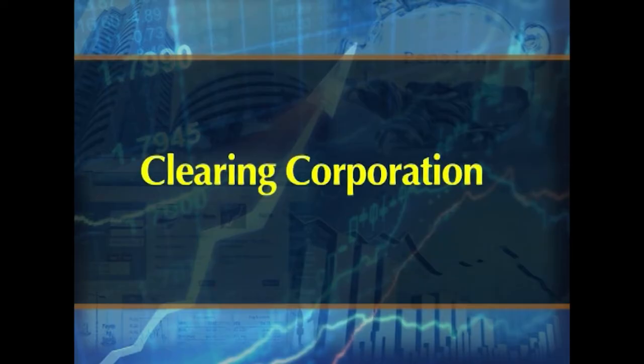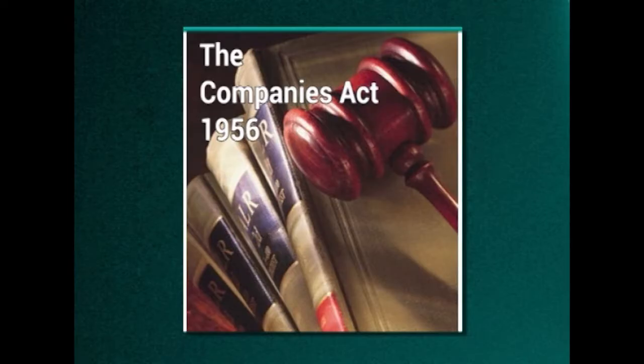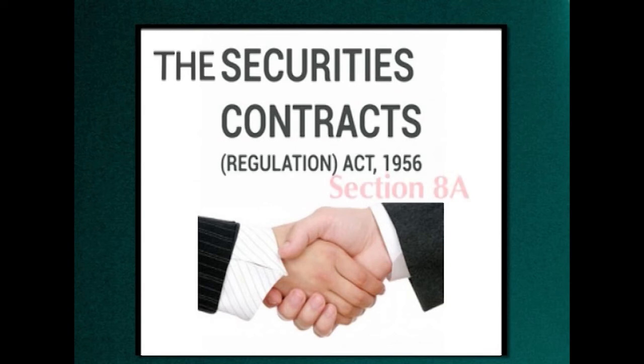A clearing corporation is one which is a company incorporated under the Companies Act 1956 and carries the duties and functions of a clearing house with the approval of SEBI. Section 8A of the Act contains the necessary provisions.